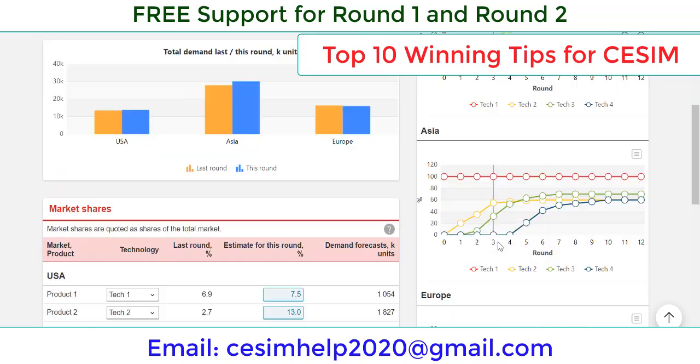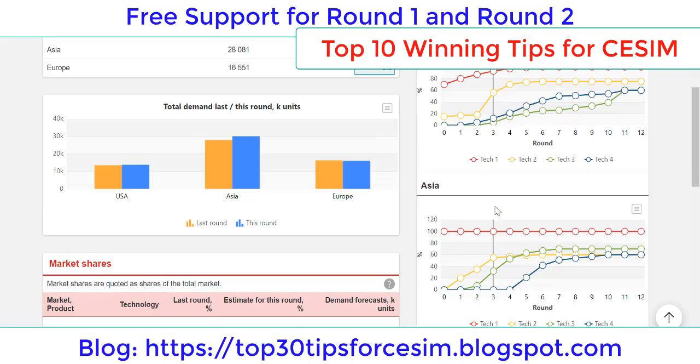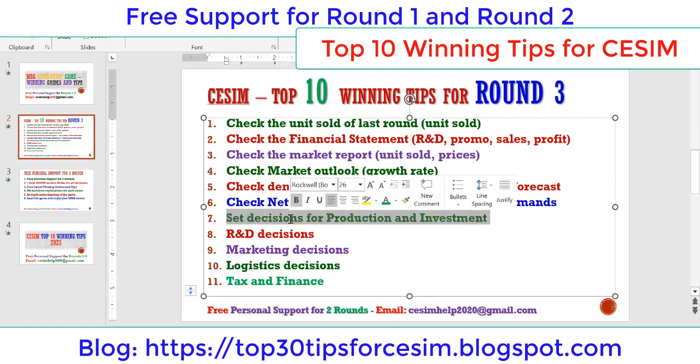That's the way we analyze the market growth. Here Tech 2 grows from 35 to 55, nearly 100%. Here it grows from 32 to 46, around 50%.